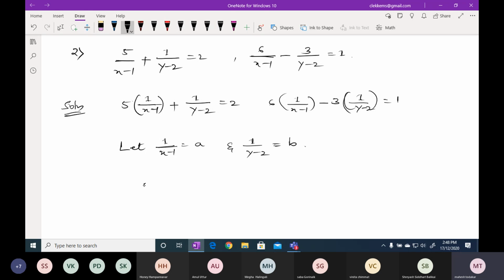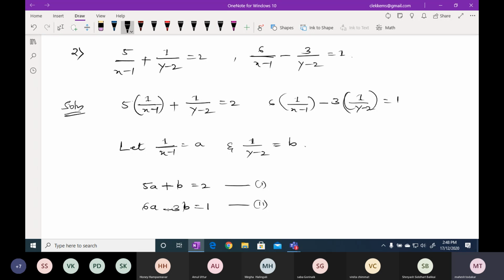So it becomes 5a plus b is equal to 2. We can take this as equation number 1. Now equation 2 is 6a minus 3b is equal to 1. Equation number 2.